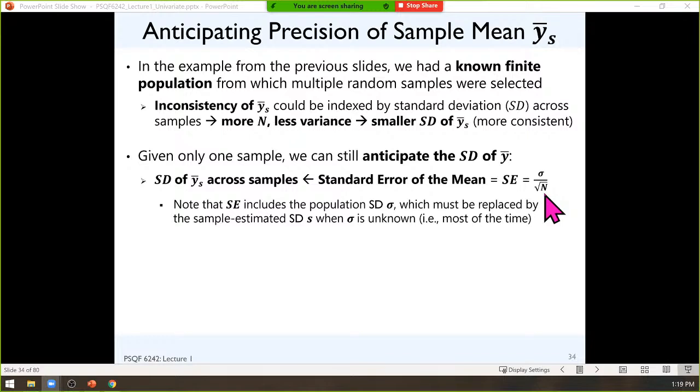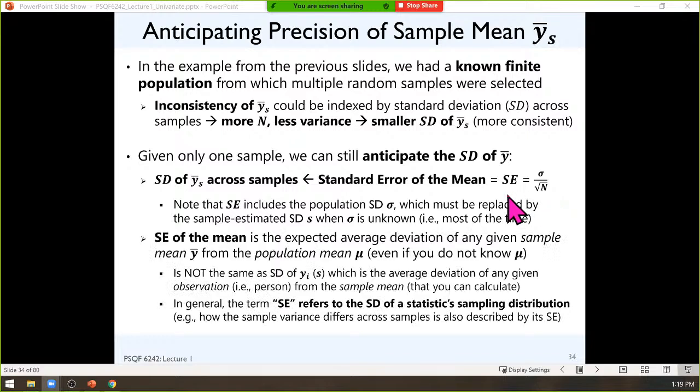So more standard deviation, more variance leads to more wiggle. That's in the numerator. And in the denominator, more people leads to less wiggle. So this gets tricky, I think, to keep straight, because when you get a set of output, for instance, you'll have a mean, you'll have a standard deviation, and you'll have a standard error.